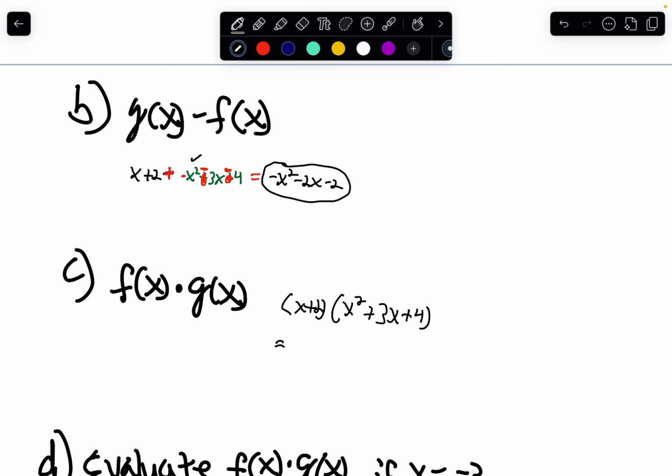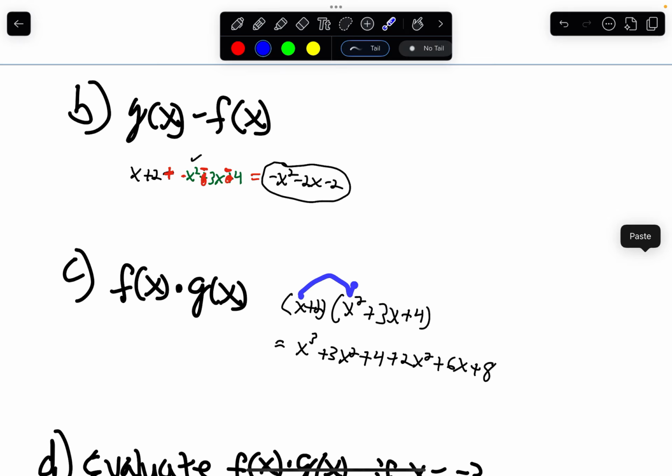So, you end up with x cubed plus 3x squared plus 4x plus 2x squared plus 6x plus 8. All I did was distribute twice. I took x times all three of those, and I took 2 times all three of them, and just wrote them here.